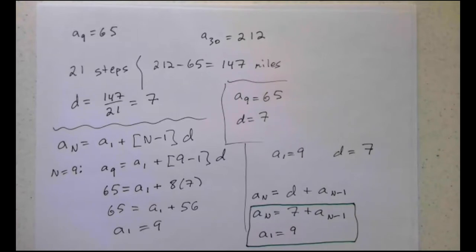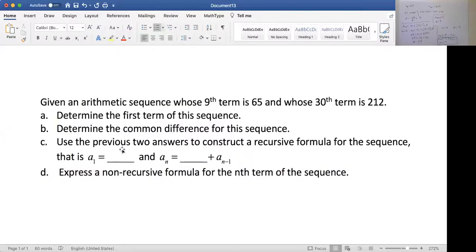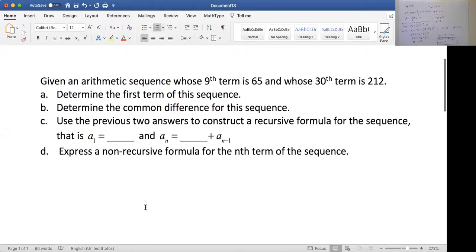Okay, let's see, what else does the question ask us to do? Express a non-recursive formula for the nth term of the sequence. Well, we sort of have that here as well. You'll notice that we established the fact that a sub n is a1 plus n minus 1 times d. So let's look at that.